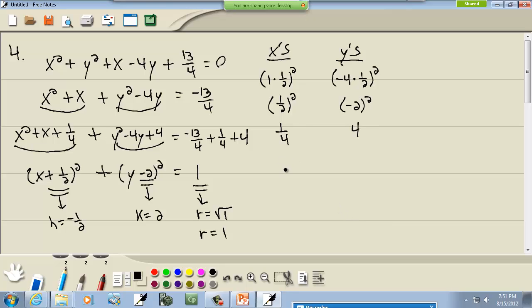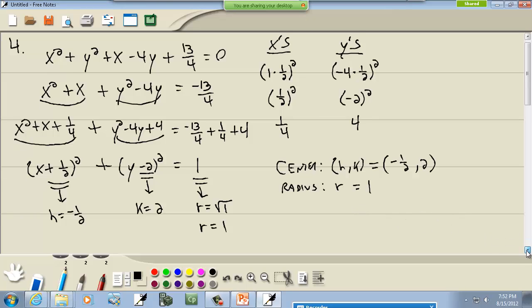So our center is (h, k), which h we said was negative 1/2, and k is 2. And our radius is r, which is 1. Well, let's graph this.